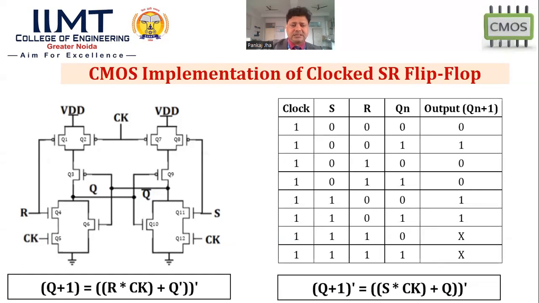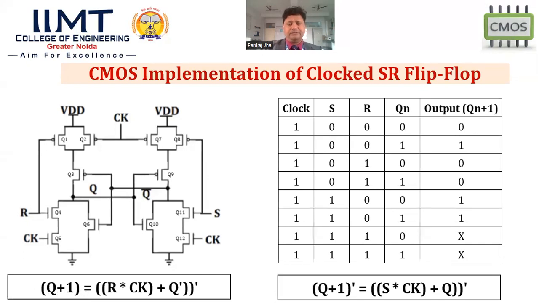For the next state Q plus 1, we have R multiplied with clock plus Q bar, and the whole complement. Basically, an inverter is added here, so we get the complement of the whole output.